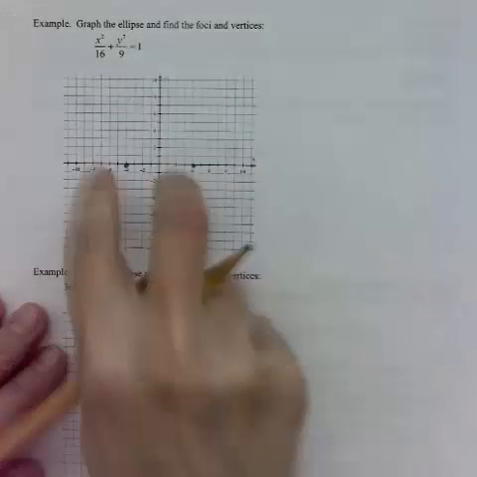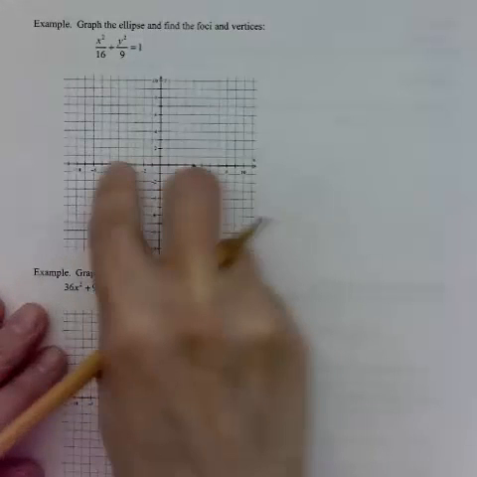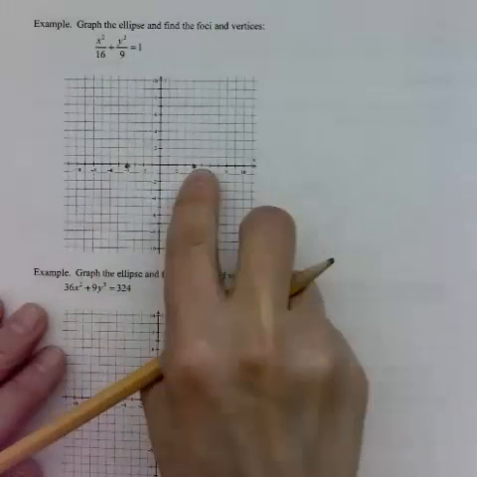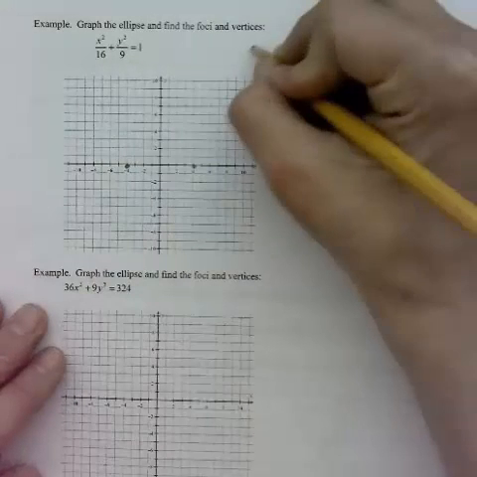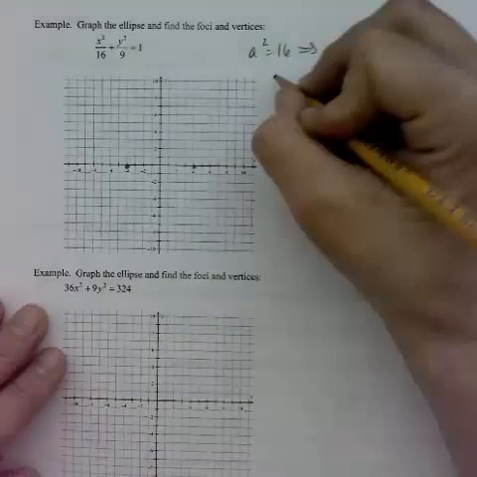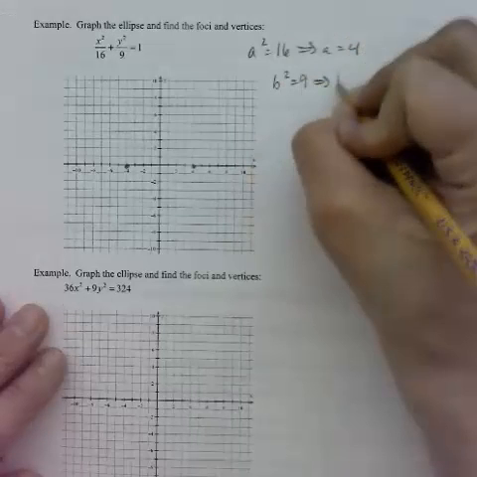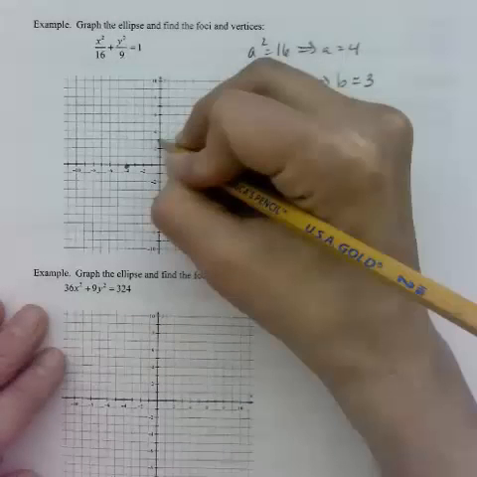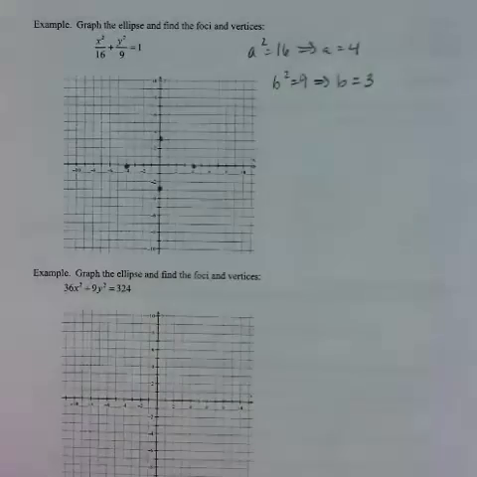Now the center is the origin here. Later that center might be somewhere else, so you just count from the center. So plus 4, minus 4. In other words, a squared is 16, which implies a equals 4. And then b squared is 9, which implies b equals 3. Those will be the other 2 points on the ellipse that we can find easily.